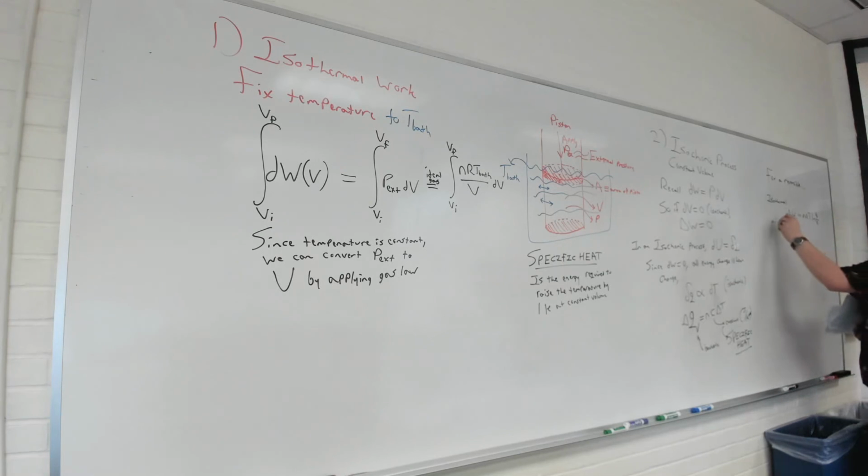And for an isochoric process, a change in heat is the specific heat times the change in temperature. Okay, well that's really easy. I'm pretty sure you've seen this calculation.